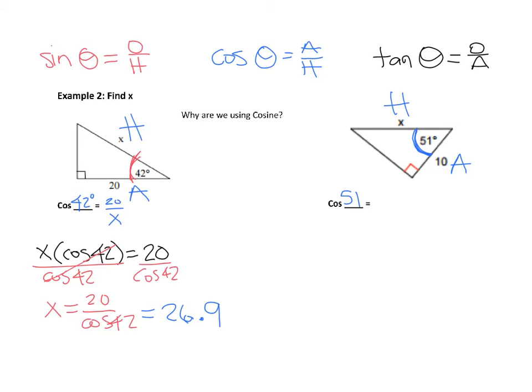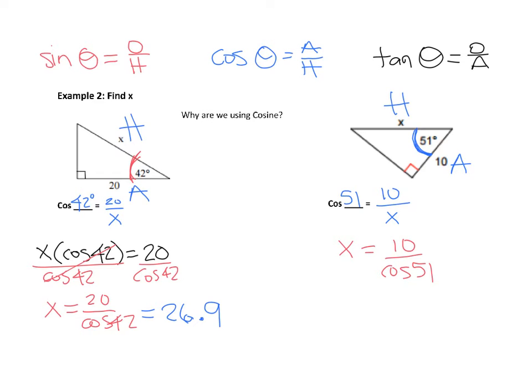So cosine of 51 is equal to adjacent, which is 10, over hypotenuse, which is x. So again, remember that shortcut. Basically, to solve for x, we just switch its location with cosine of 51. Right? So that's the shortcut there. Or if you don't trust the shortcut, you can still do this, and it'll come out to the exact same thing. Okay?